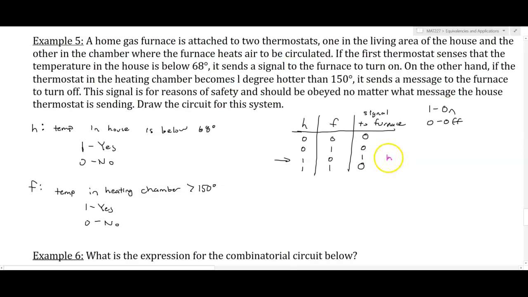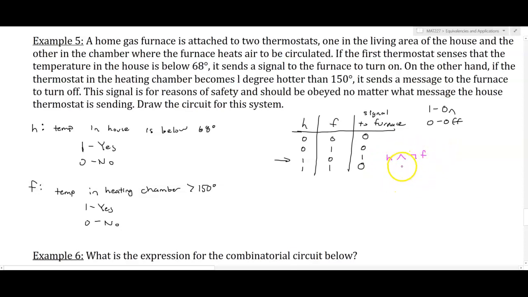So if H was a 1, then that would mean H is true. And I can't use F here, because if I said H and F, the furnace would turn on in a situation where it shouldn't. But if F is 0, that means not F is 1. And in this row, H is 1, F is 0, but not F is 1. So this will return a 1.